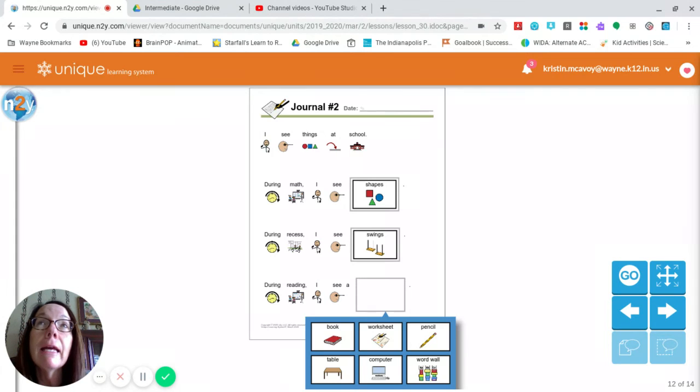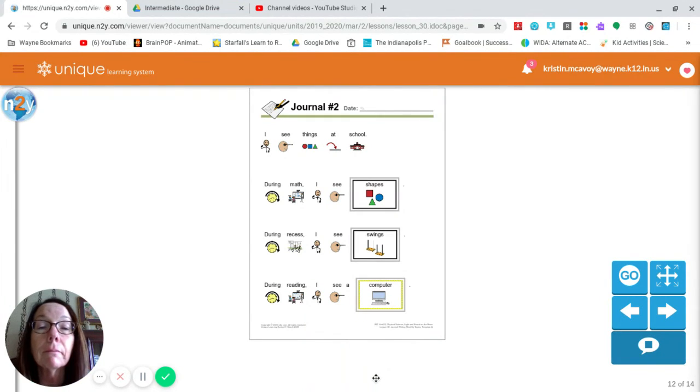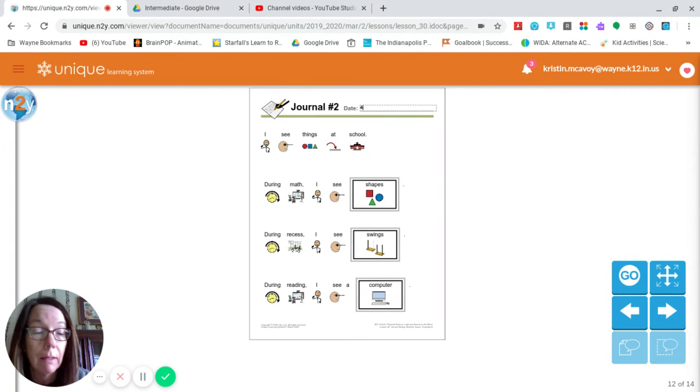Let's see. I think I'm going to choose during reading, I see a computer. So for my writing journal entry today, for the date of 4/14/2020, I have: I see things at school.